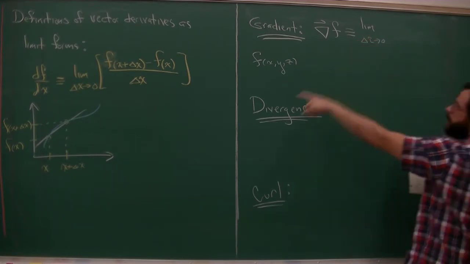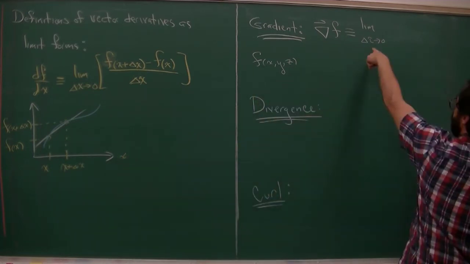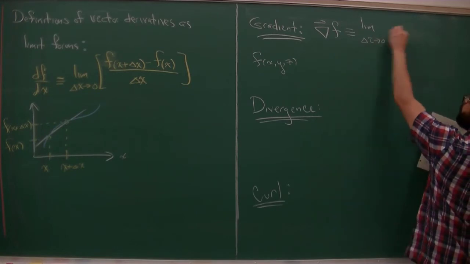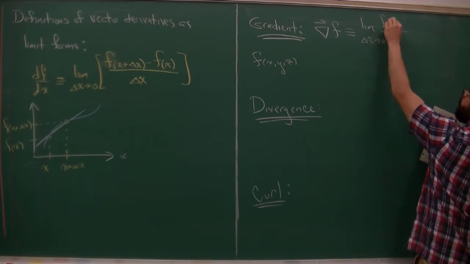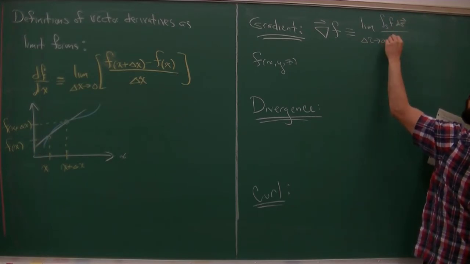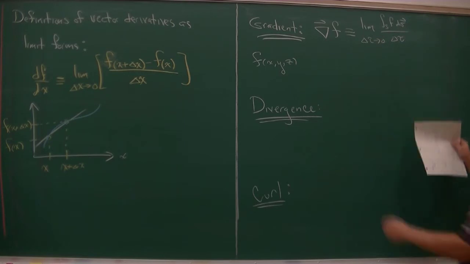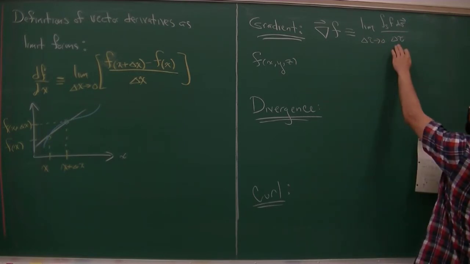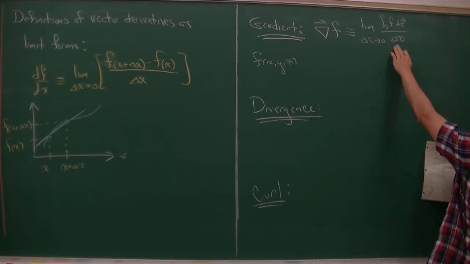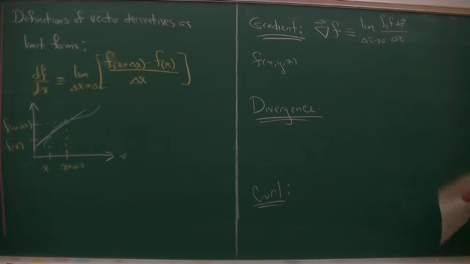So not a little piece of difference along my one and only variable x, but a little piece of volume. And what this delta tau really is, in some sense, is a differential piece of volume and then the surface associated with that volume. So let me rewrite that.